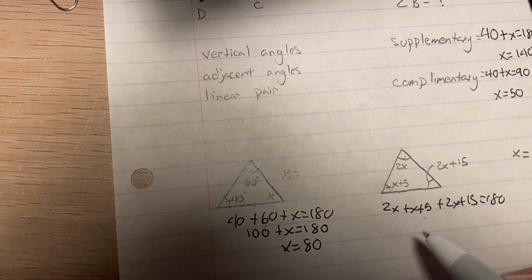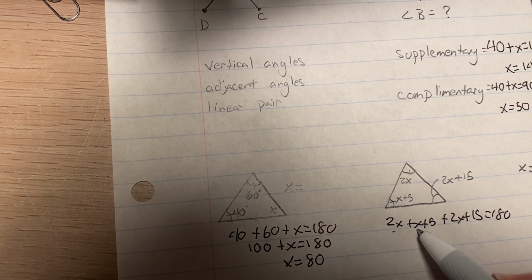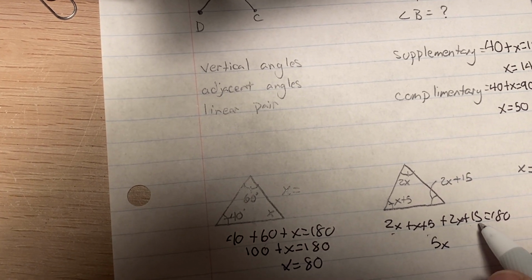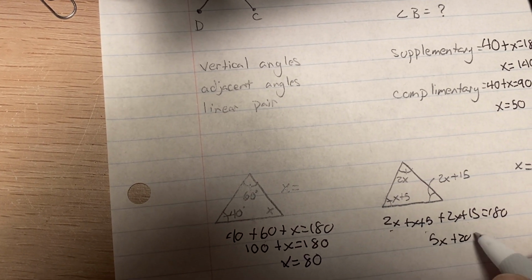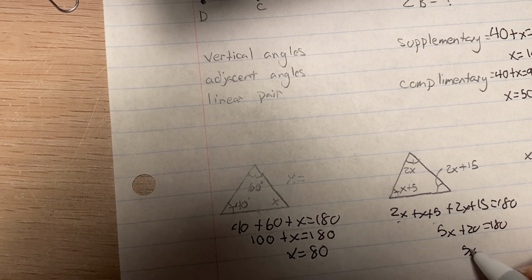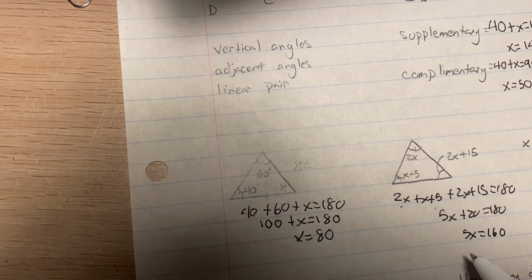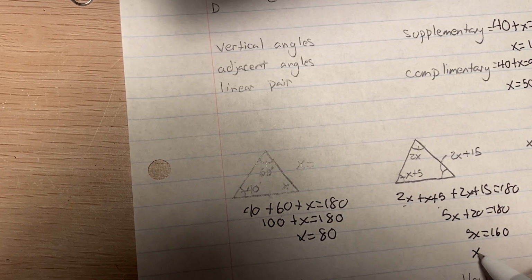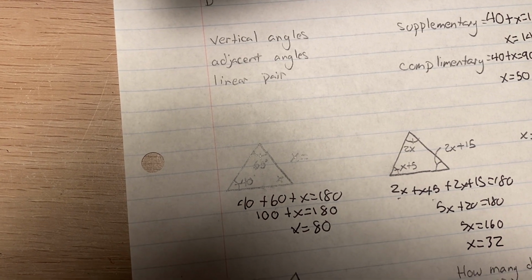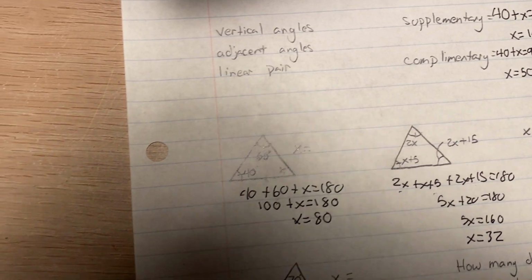Now I put the x's together: 2x, 1x, and 2x makes 5x. 5 and 15 make 20. So then I subtract 20 from both sides, and then I divide by 5 on both sides. x equals 32.